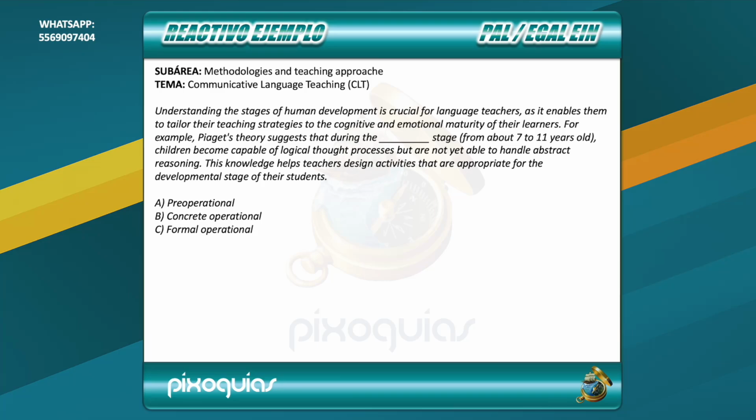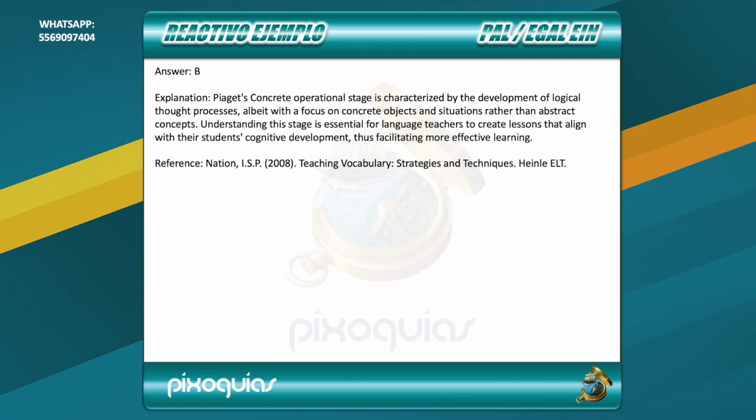The options: A. Pre-operational, B. Concrete operational, C. Formal operational. The correct answer is B. Piaget's concrete operational stage is characterized by the development of logical thought processes, albeit with a focus on concrete objects and situations rather than just abstract concepts.